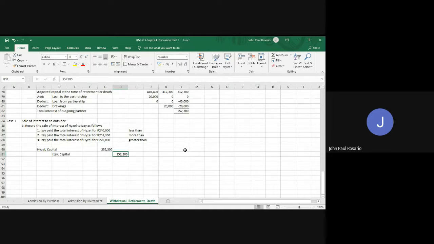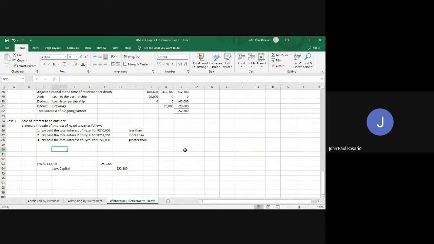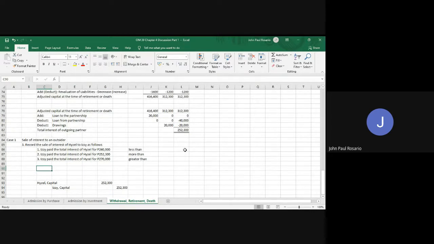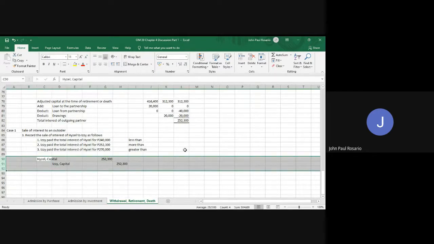But before you go here, it is 252,300. So we have to determine first Hazel's capital of 252,300.